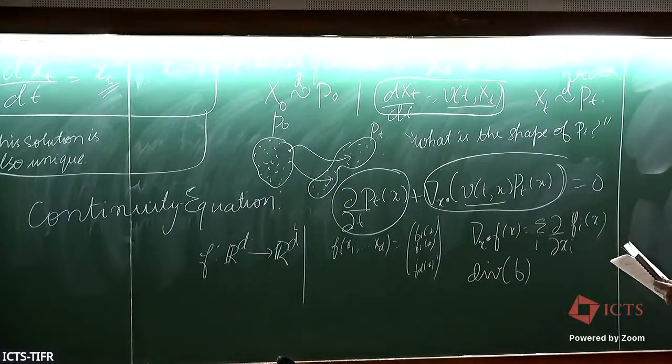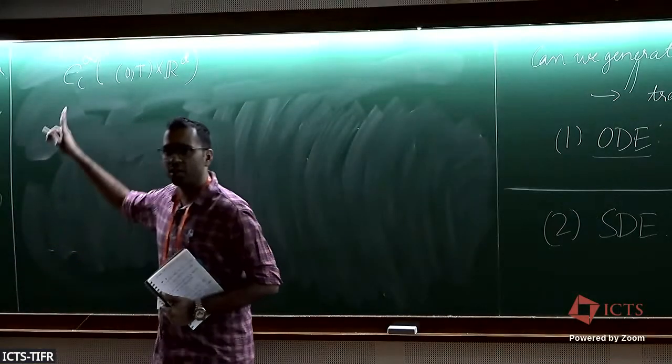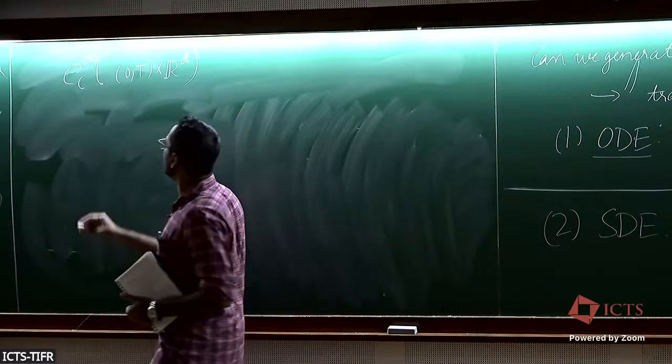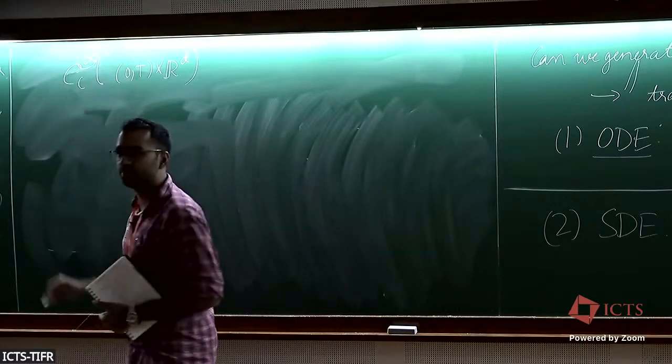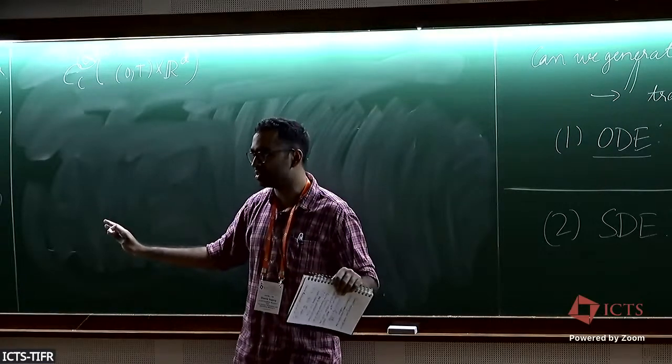So who knows what the C_c infinity class of functions is? Okay, one person, two, three, four, five. Right, so let me write down specifically what I'm talking about. This is a set of all continuous functions such that it is infinitely differentiable, that is, all partial derivatives of all orders exist over this set.